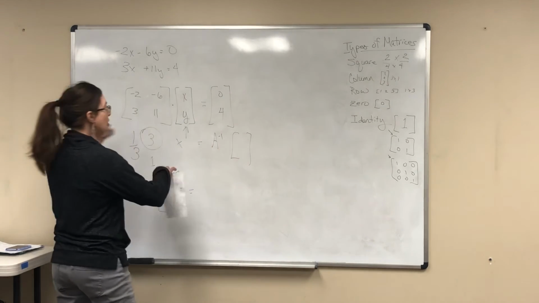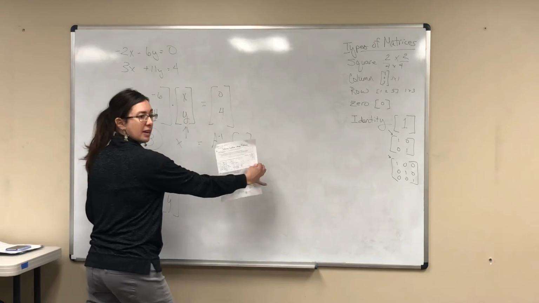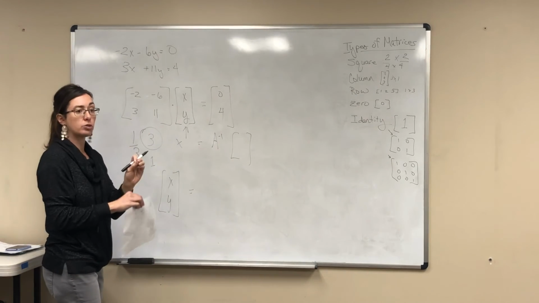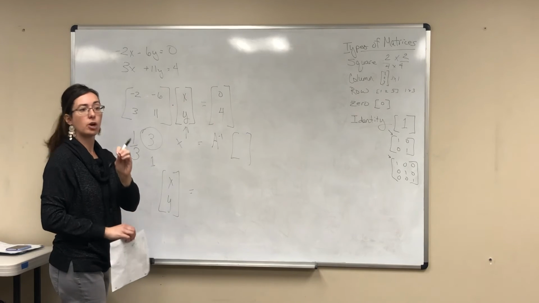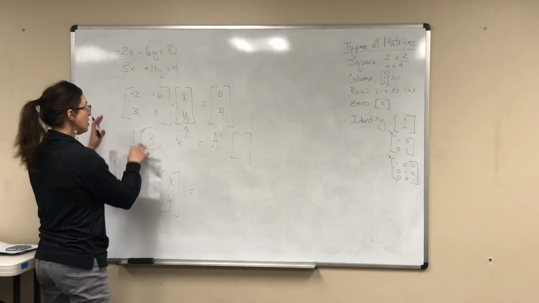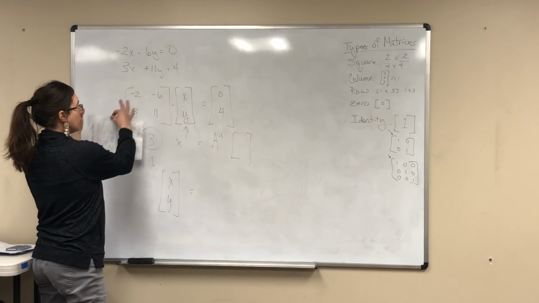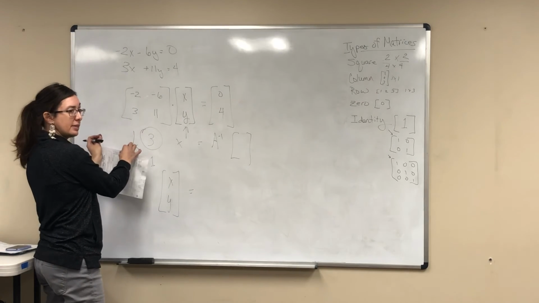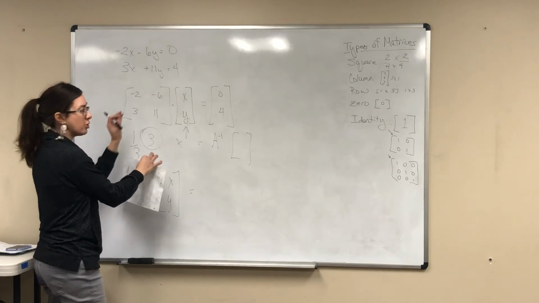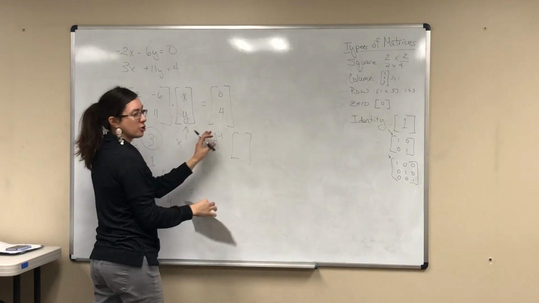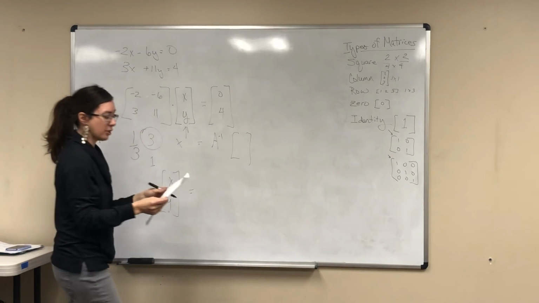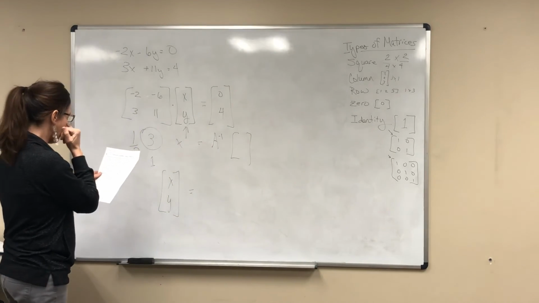We've always just kind of put it on the back side, but the order matters. Remember how I was saying A times B does not always equal B times A? So you're multiplying your inverse on the front end to get rid of your matrix. Otherwise it doesn't work, right?